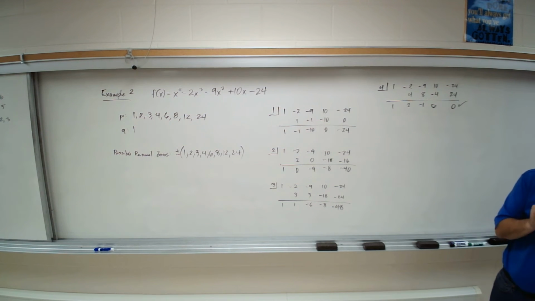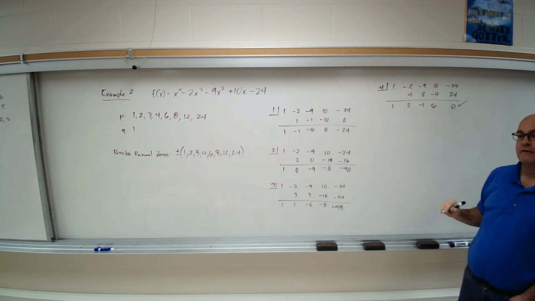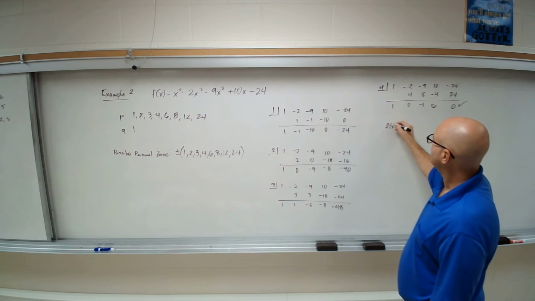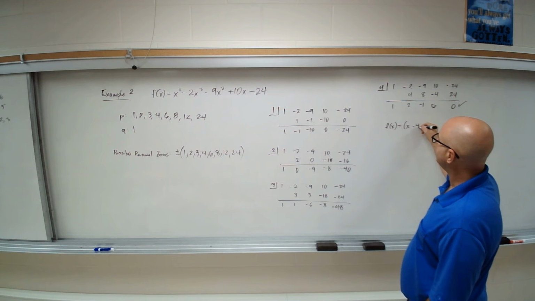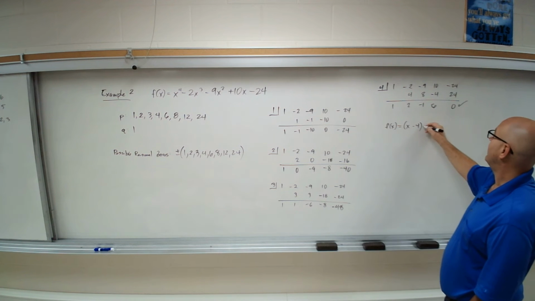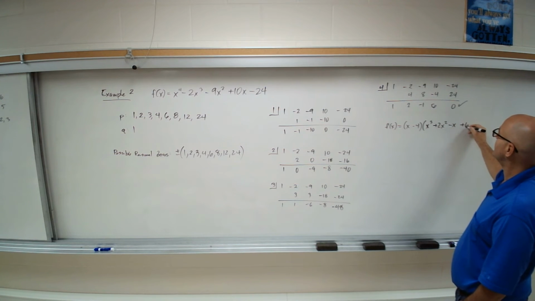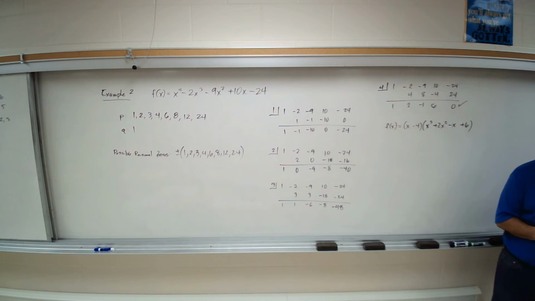So that tells us at this point we can rewrite our original function f of x as x minus 4. That's the factor associated with our original piece there. And then we have x cubed plus 2x squared minus x plus 6.